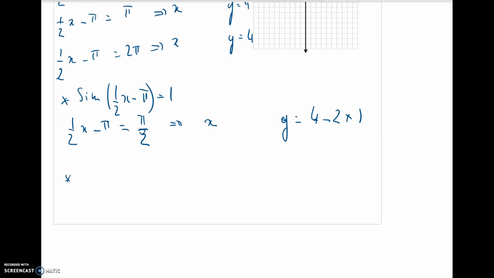If you do the same thing for the sinus of 1 over 2x minus pi equal negative 1, your angle 1 over 2x minus pi will be equal this time to 3 pi over 2.